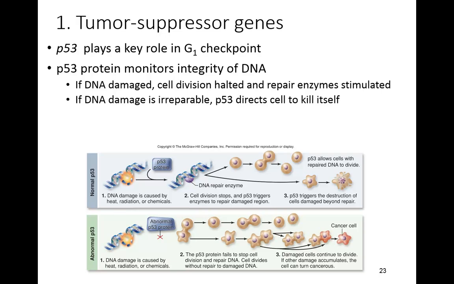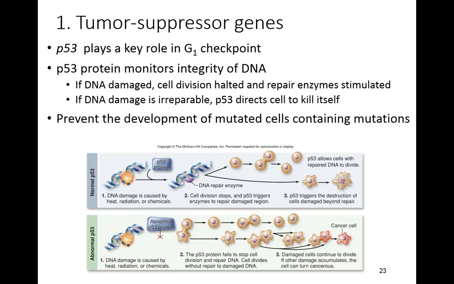So if the DNA is damaged, the repair enzymes will be stimulated and may direct the cell to kill itself. And if that one is damaged, then it will cause the cells to continue to divide even when they have errors, and that may cause cancer.